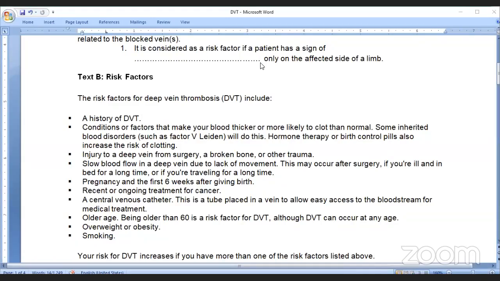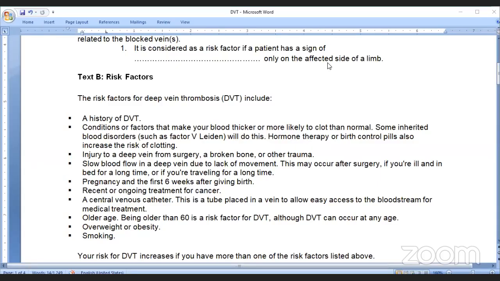Your keywords are, it is considered a risk factor if a patient has a sign of dash only on the affected side of a limb. Is it mentioned here in the broken bone or the DVT that this is only on the affected side of the limb? Is it mentioned anywhere?